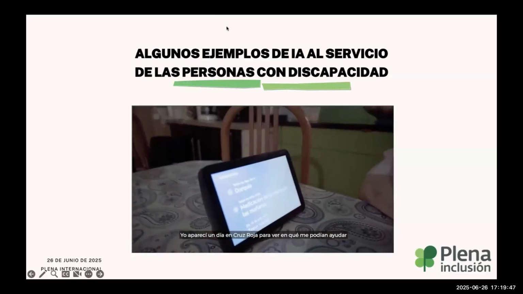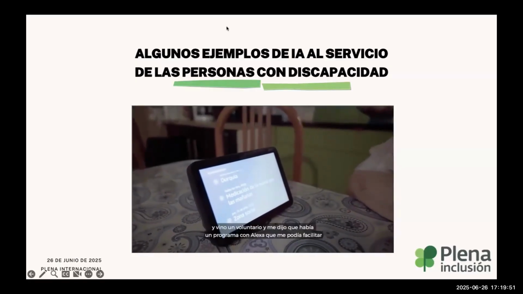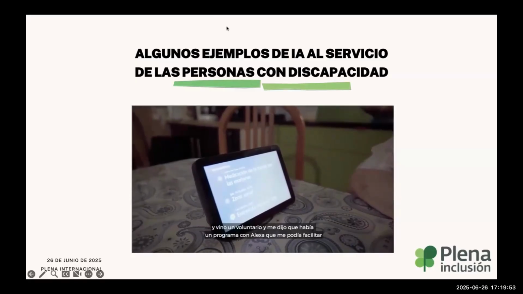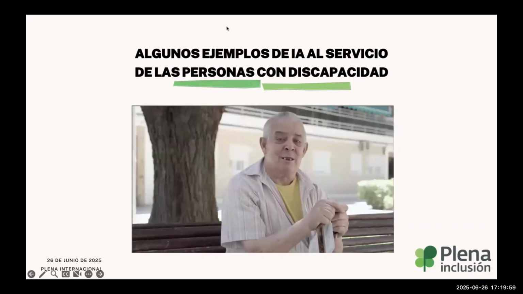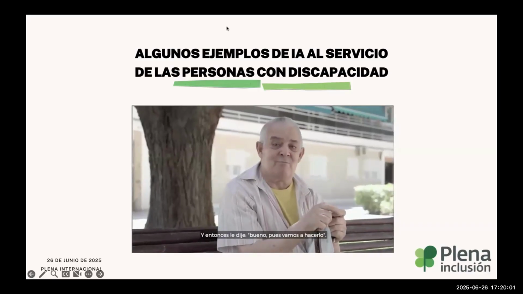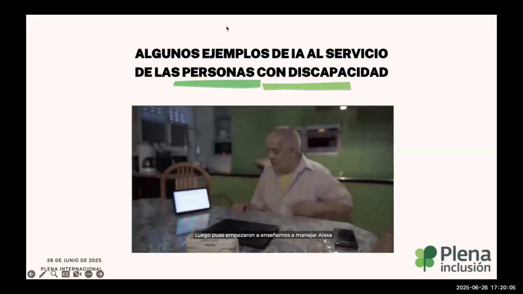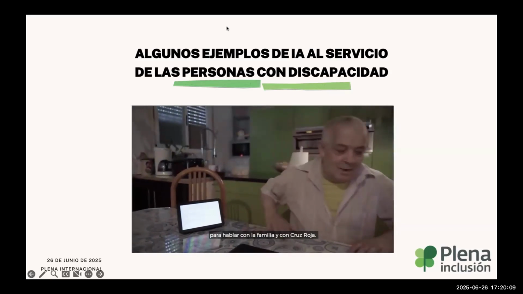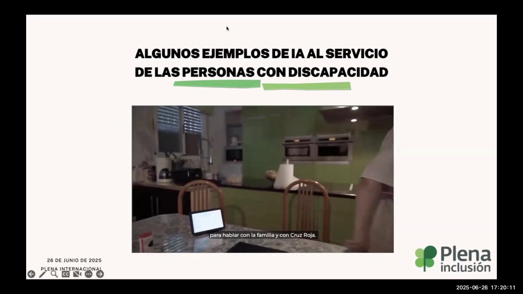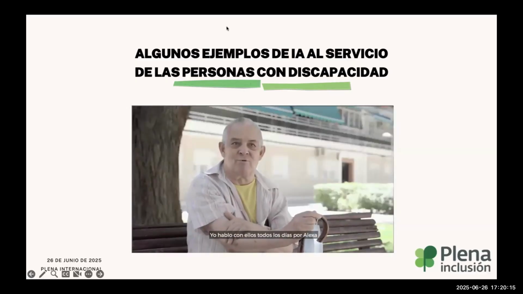I came one day to the Red Cross to see how they could help me, and a volunteer came to me and told me that they had this program, Alexa, that could make things easier for me. And I said, well, let's do it. And then they started to teach us to use Alexa to talk with the family, with the Red Cross.